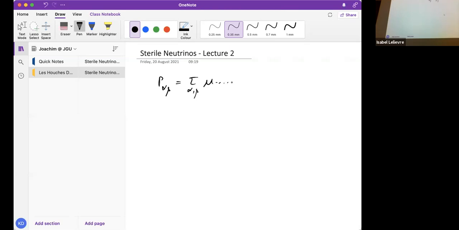Then there were all these matrix elements, and then we had the exponential factor e to the minus i (E_j minus E_k) times t plus i (p_j minus p_k) times L. And then we argued that in a typical neutrino experiment, this time t here is not measured, and therefore we integrate over it.